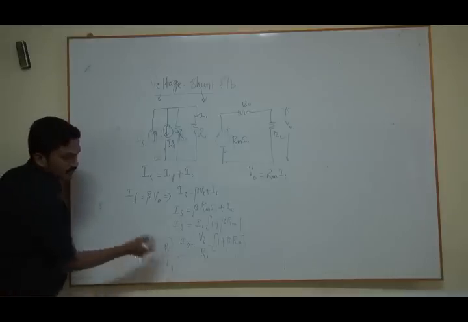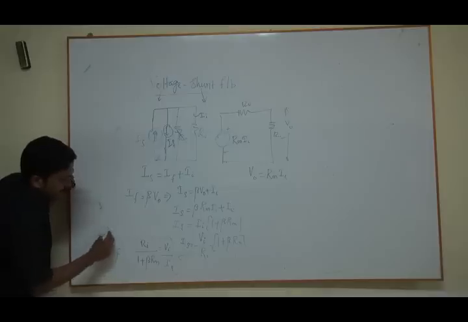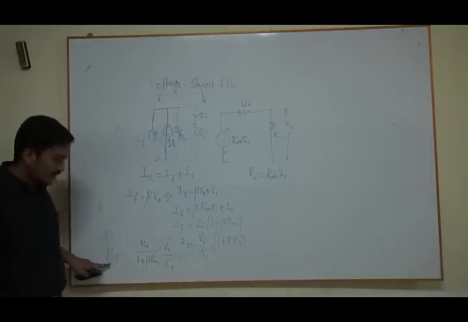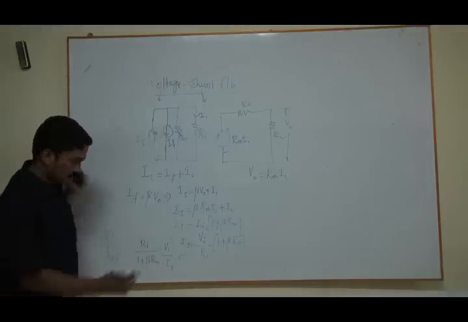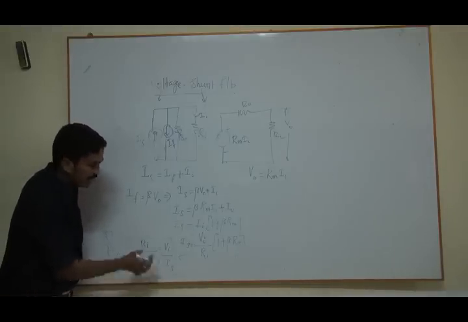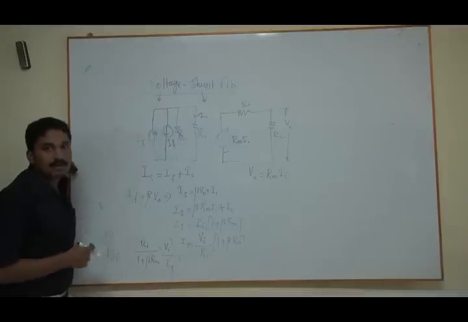And this VI by IS gives you input side resistance RIF. And this RIF now is equal to Ri divided by 1 plus beta Rm. So this 1 plus beta Rm term reduces your input side resistance RIF in the voltage shunt feedback amplifier.